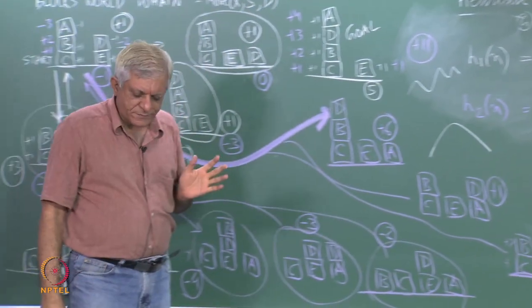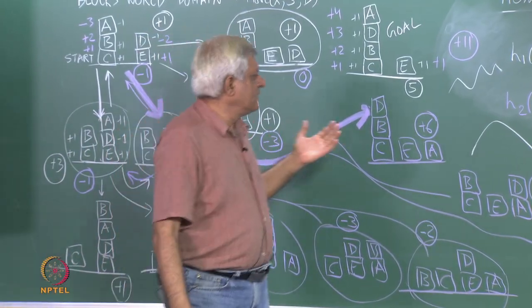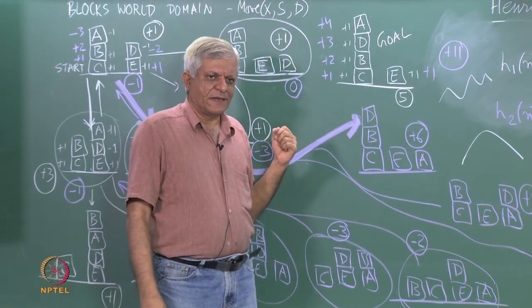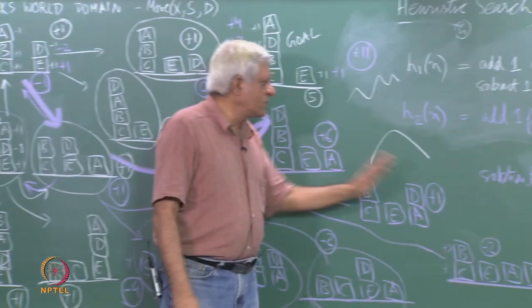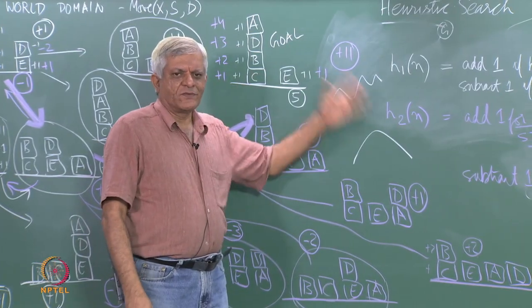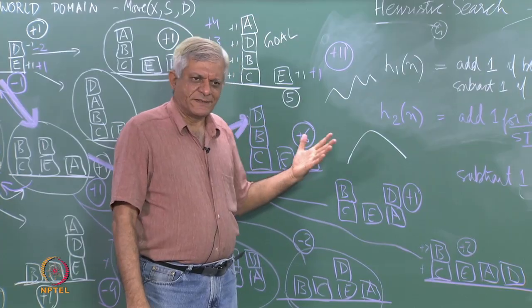So, one thing that you can do when you are using an algorithm like hill climbing is to try and choose a heuristic function which will define a smooth monotonic surface like this, and then of course, you are done, and you are done at a very inexpensive price.